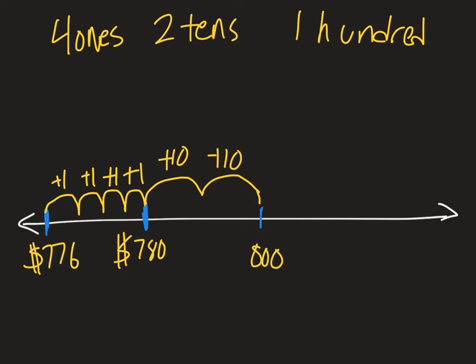And lastly, we then had to skip count by hundreds to get to our final number. And when we skip count, we add 1 hundred to get us to $900.